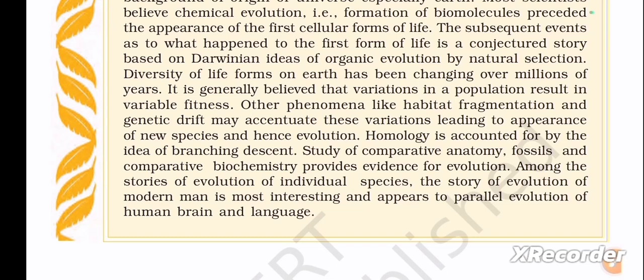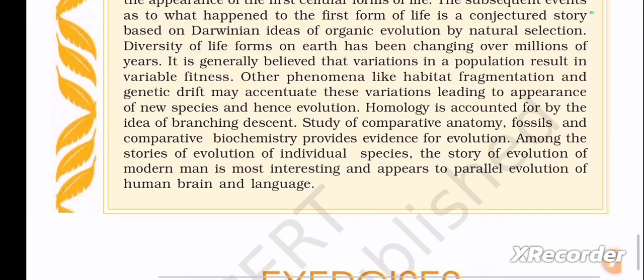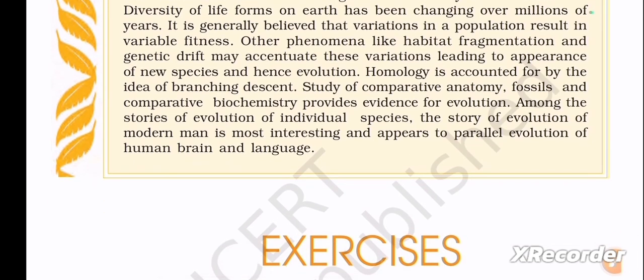Diversity of life forms on Earth has been changing over millions of years. It is generally believed that variations in a population result in variable fitness. Other phenomena like habitat fragmentation and genetic drift may accentuate these variations, leading to appearance of new species and hence evolution.